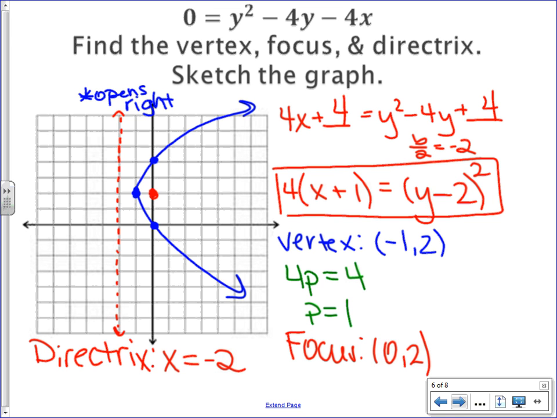Okay, so we're satisfying that property. Why did you double it? Why did I? So we could get the property to work. If you double P, then you can move that from the focus and you'll be that same distance from the directrix.